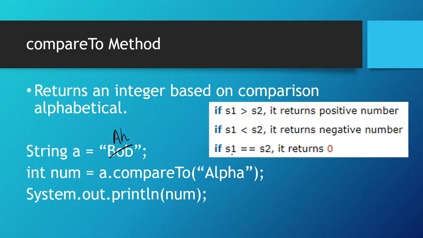If you got them to be equal to one another, so this would also be alpha, it would return 0, saying, hey, this is the same thing. This is useful when we start comparing strings and we want to put them in order with one another. So maybe you get a bunch of words and the person's like, put them in order, and you're like, okay, I got this. So that's useful in that regard.